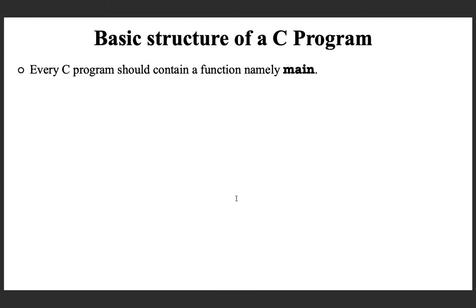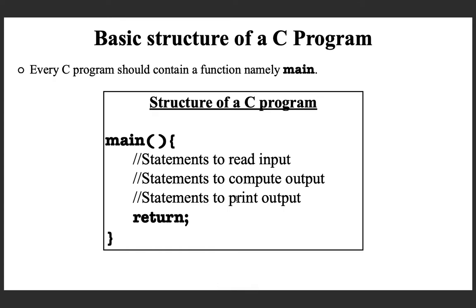As an example, consider a C program. Every C program must contain a function, namely main, M-A-I-N, the main function. You can see that the name main is followed by parentheses within which you can have arguments.